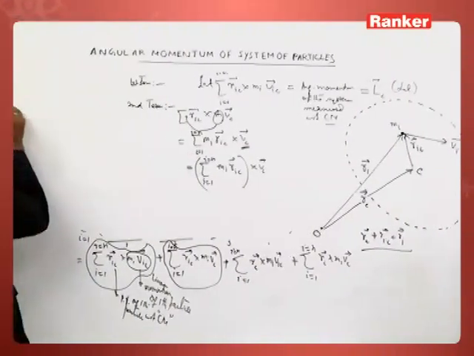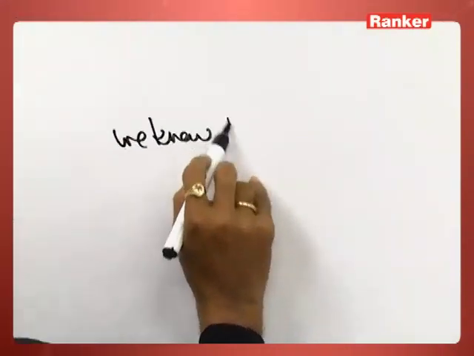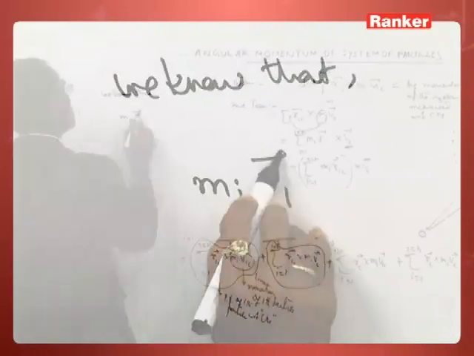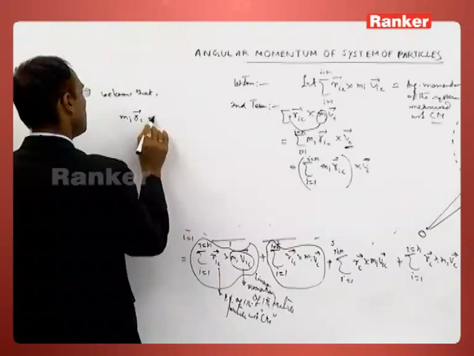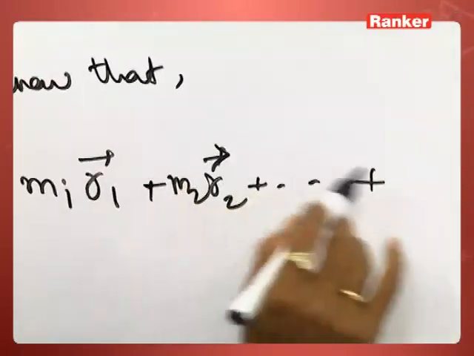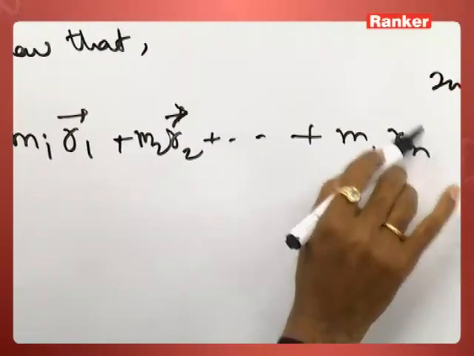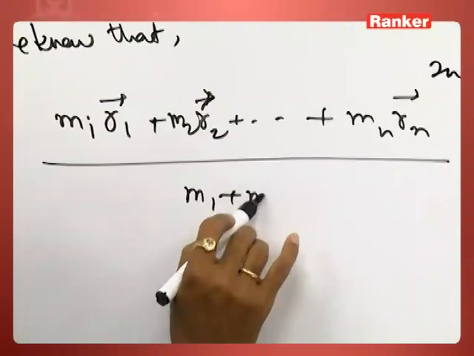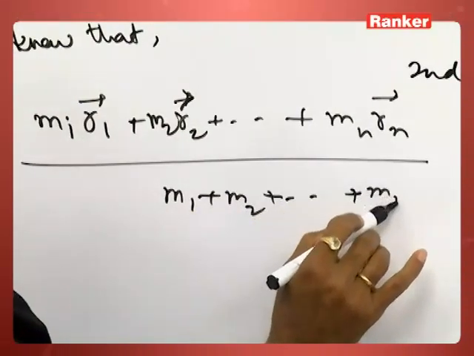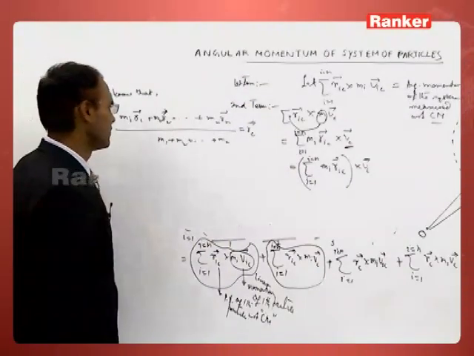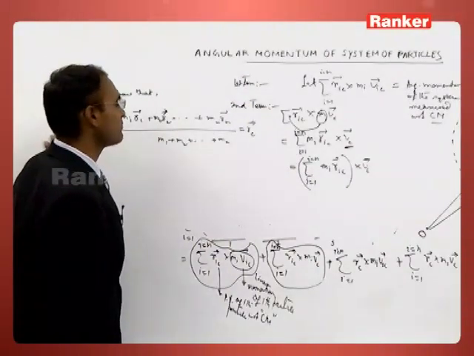We know that m1 r1 plus m2 r2, in this way if you go on adding up to mn rn, divided by total mass of the system, is r_c, as per the definition of the center of mass position.